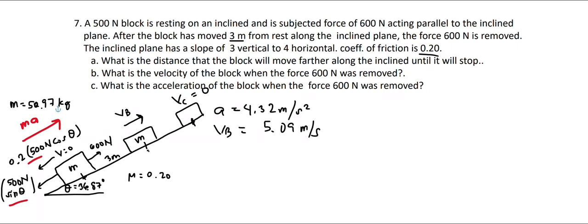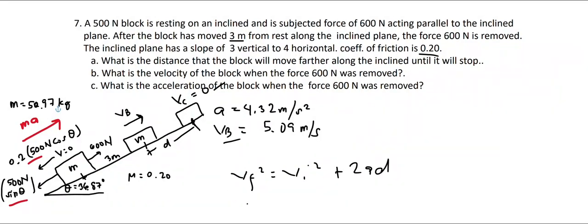Now to solve for the distance that the block will move farther along the inclined plane until it will stop, we will use the kinematics formula given the initial and final velocity and the acceleration, that is vf squared equal to vi squared plus 2ad.